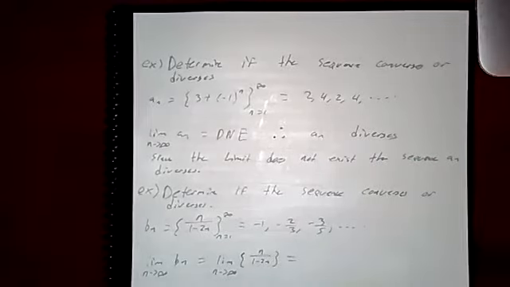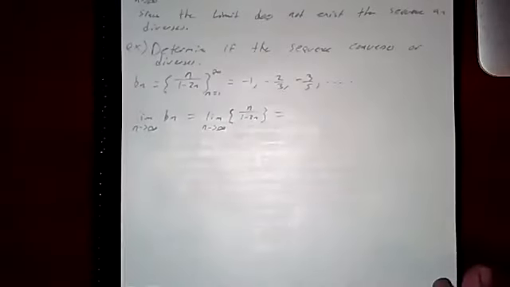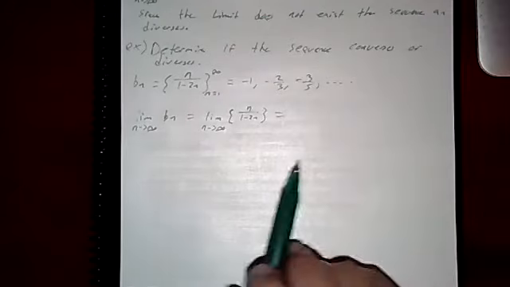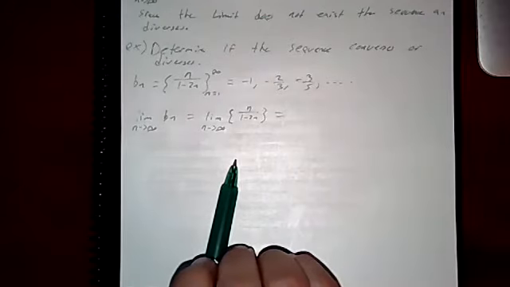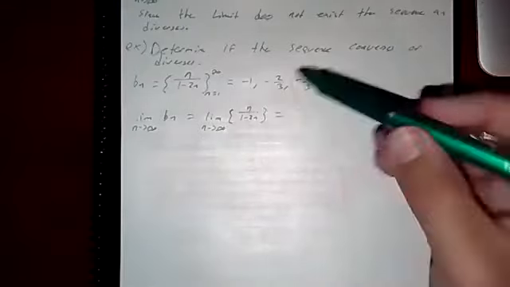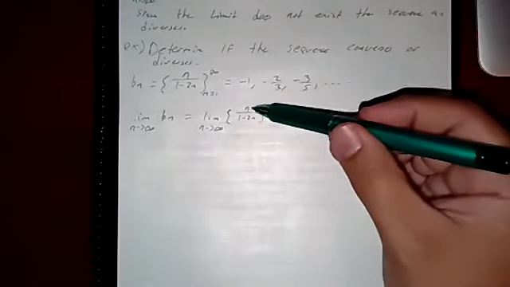So what is this limit? This is a Cal 1 question, right? Do you remember? Can you remind us what this is? The limit as n goes to infinity. Remember, when you're doing an infinite limit, look at the degree at the top and bottom.